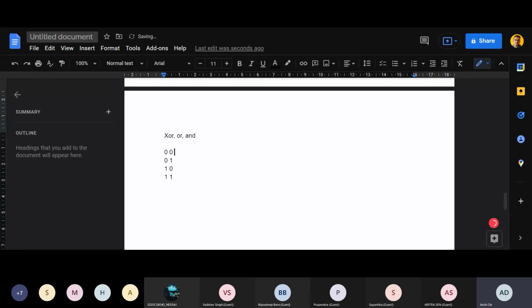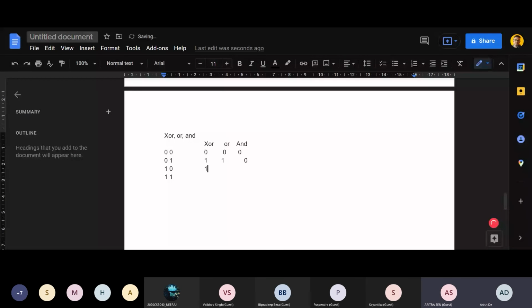XOR of 0 0 will be 0. OR of 0 0 will be 0, and AND will also be 0. For 1 0, XOR is 1, OR is 1, and AND is 0.